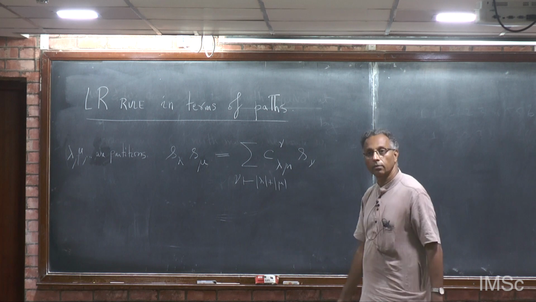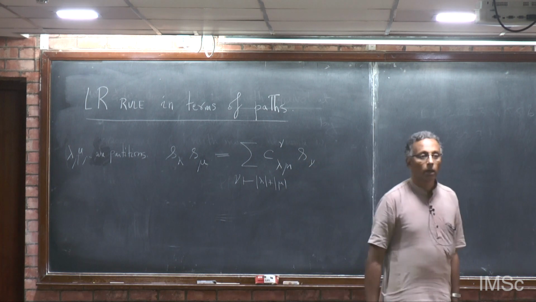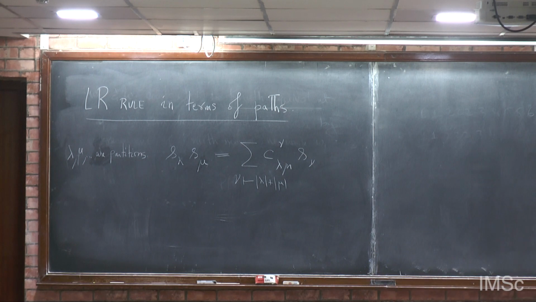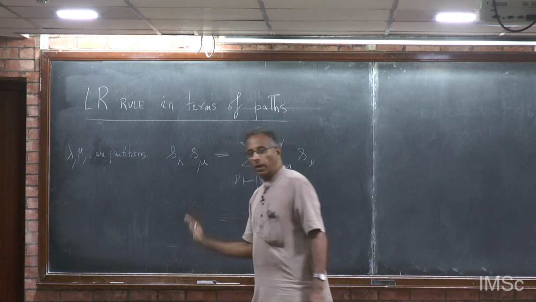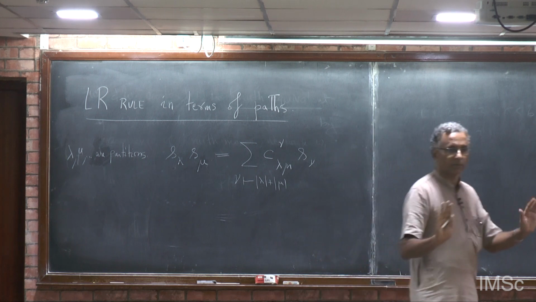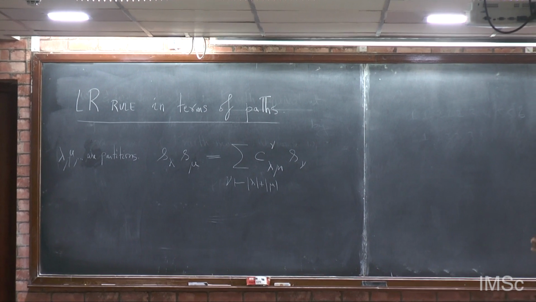Does this notation make sense? And where c, lambda, mu, nu are some integers. They are in fact non-negative integers, we'll come to that. They are integers for the moment, and so you have this problem, which is a high school algebra kind of problem.